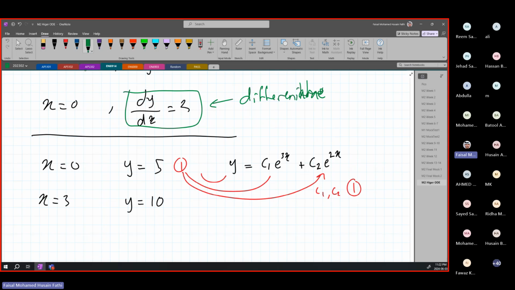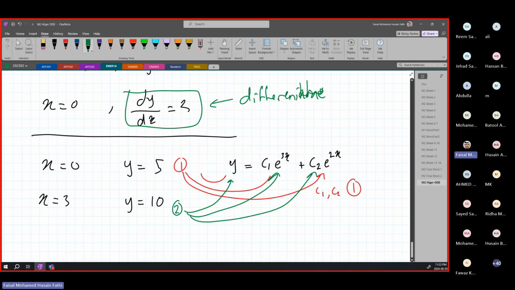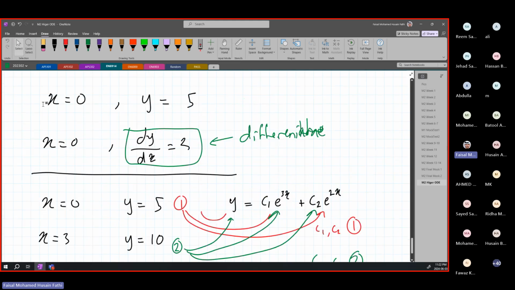Then you're going to do the exact same thing again for equation 2, and you'll get a second equation in c1 and c2, and you'll apply your simultaneous equations. So it depends on your initial values that are given. When you look at your initial values, if there's a differentiation in your initial value, that means you have to differentiate.